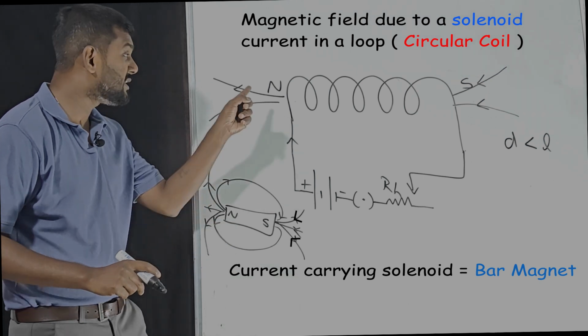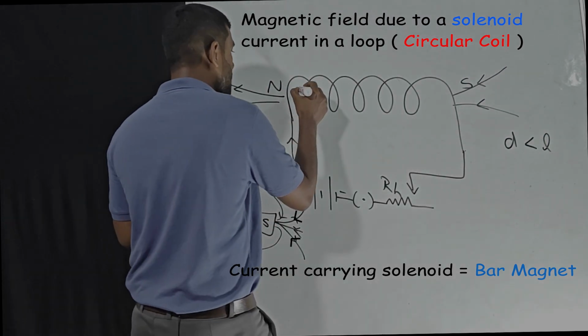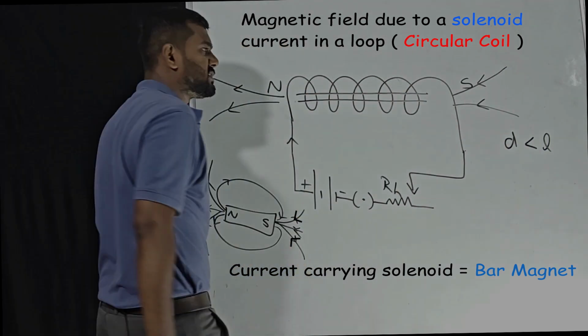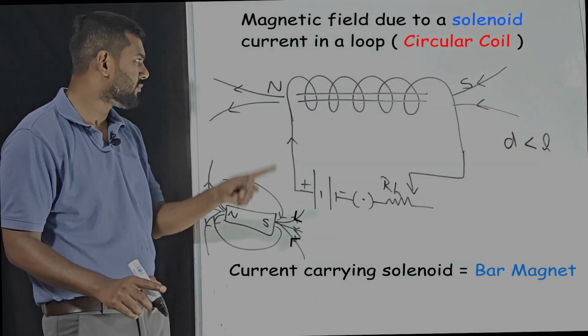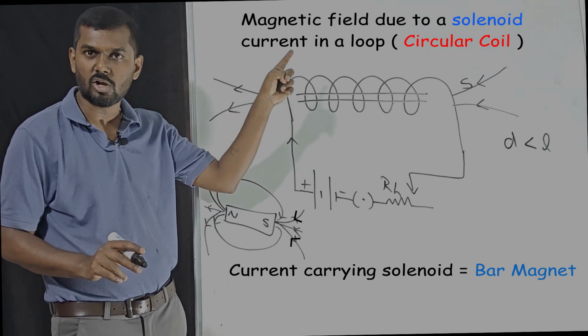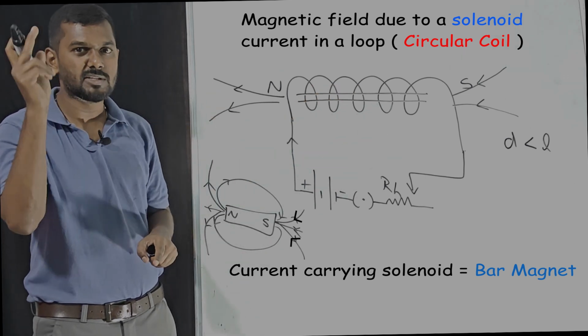And inside this solenoid, the field lines are almost straight and parallel to each other. One thing: outside it is not parallel, but inside the solenoid the field lines are parallel to each other. Keep this in mind.